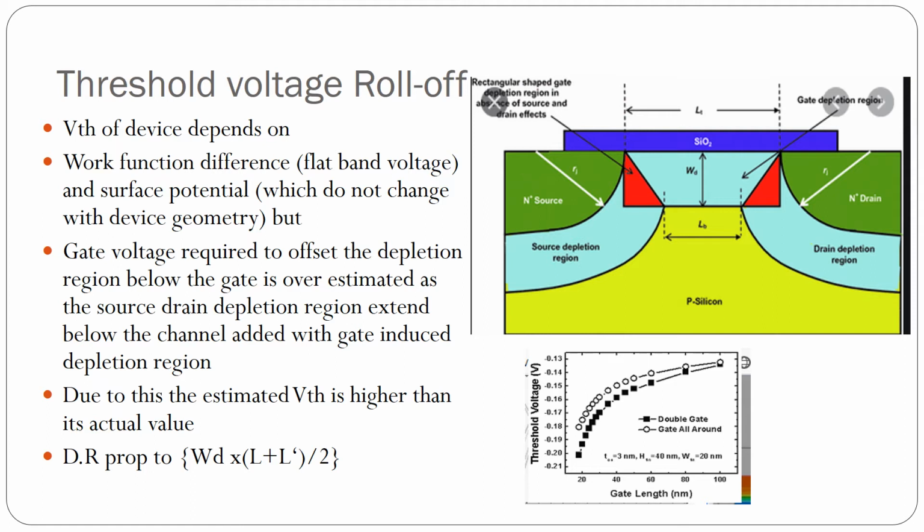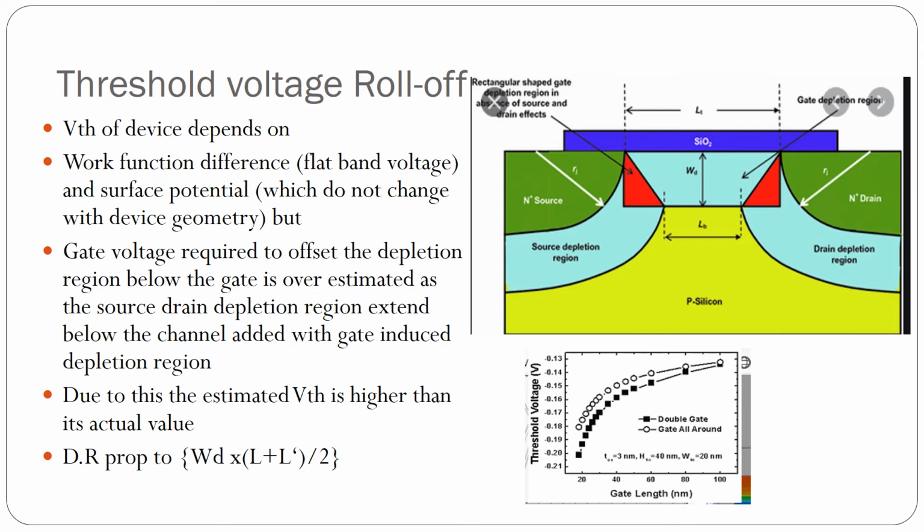You can also see here the diagram for the sub-nanometer region, when we scale down from 100 to 80 nanometer to 60, 40 and 20, the threshold voltage is quickly dropping. It is showing a kind of square law. It is not a linear relation between gate length and voltage.